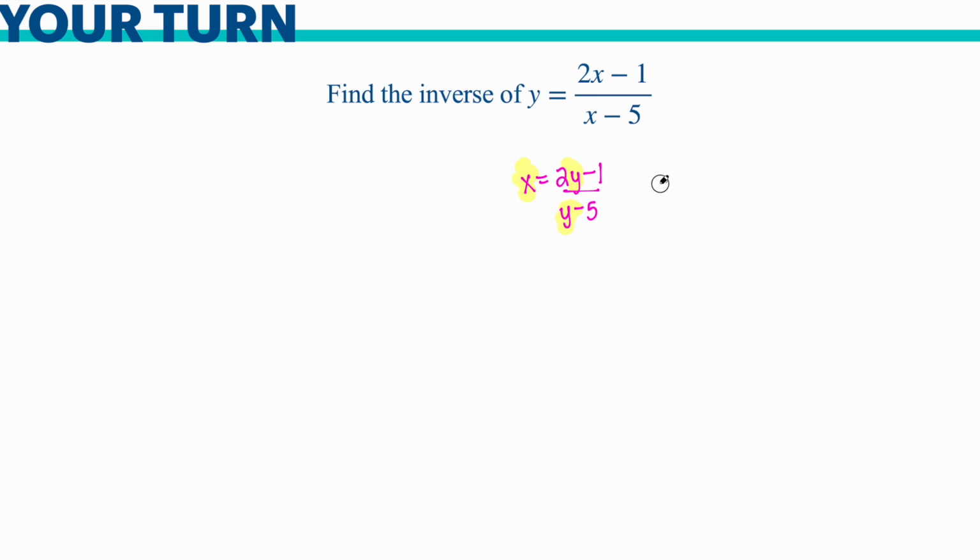And now you are going to cross multiply. So you are going to make everything a fraction and cross multiply, and you'll get x times y minus 5, and that'll equal 2y minus 1.